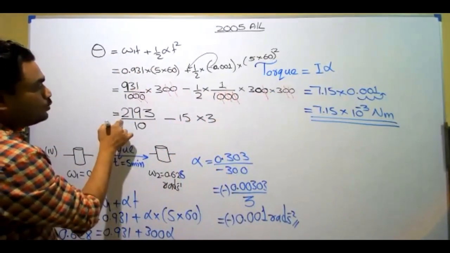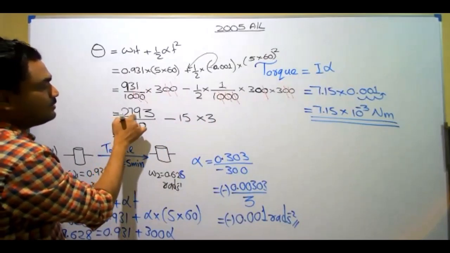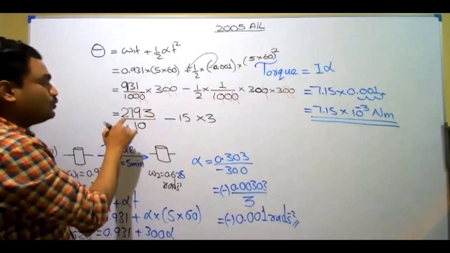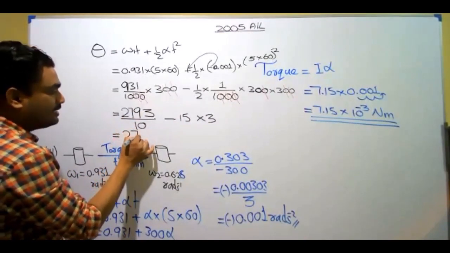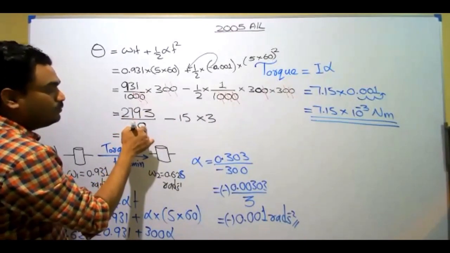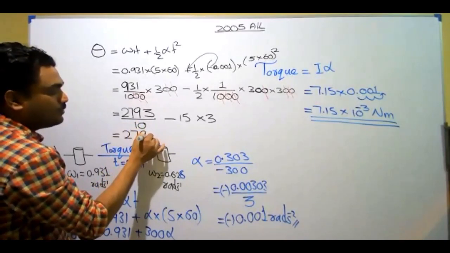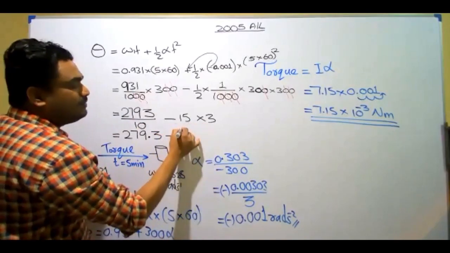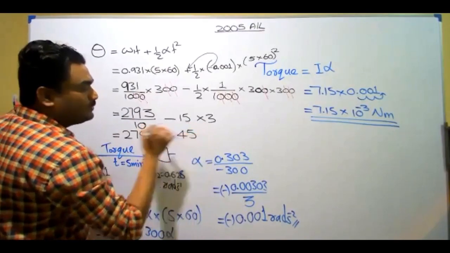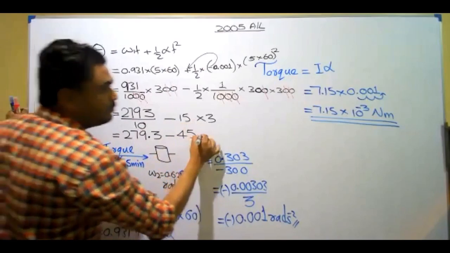Now, 2793 divided by 10. That is 279.3. Because of this 10, 1 decimal point will be added. Minus 15 times 3, 45.